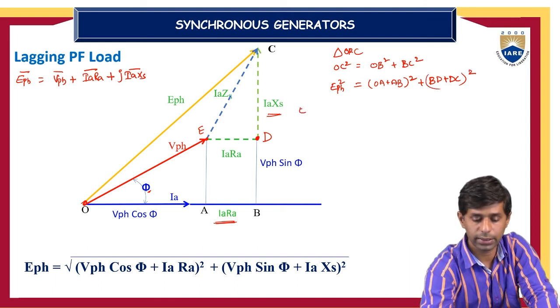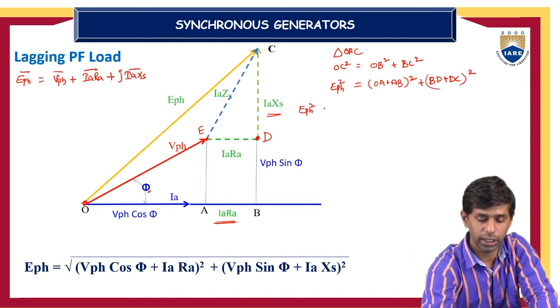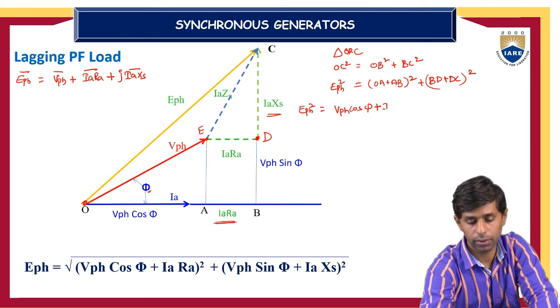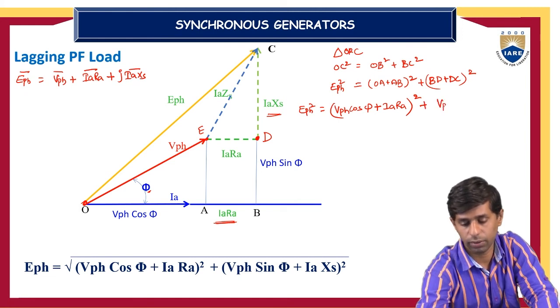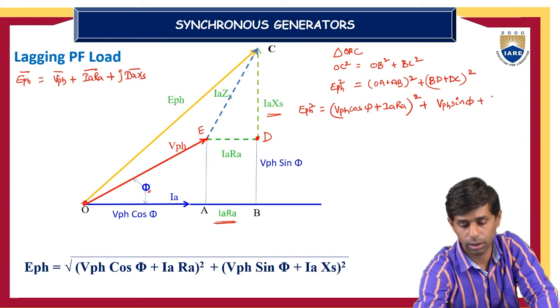E phase square is equal to OA, which is V phase cos phi, plus EB, which is IARA, whole square, plus BD, which is V phase sin phi, plus DC, which is IAXS, whole square.